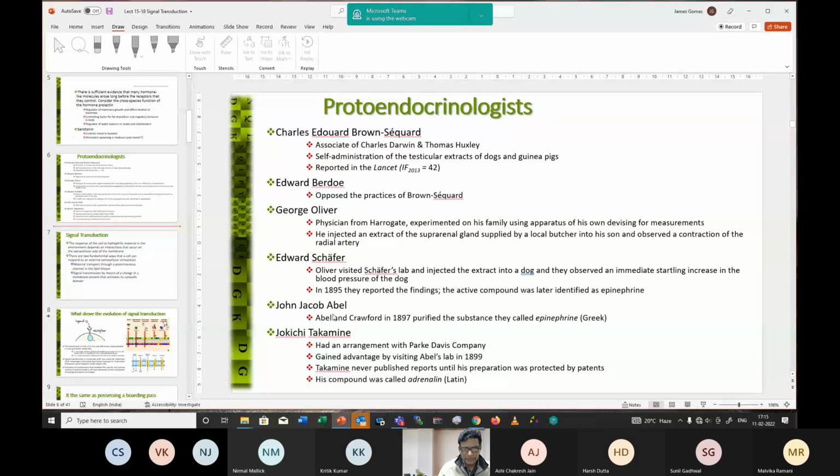And this is very important because it goes to show how important it is to be very careful about your research and to record everything properly. And this goes to the stage where Abel and Crawford in 1897 published a paper where they talked about the purification of a substance they called epinephrine.